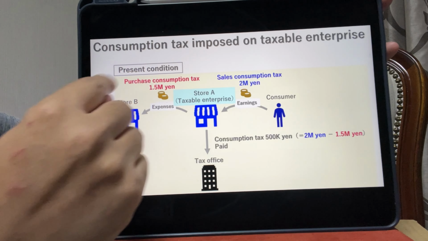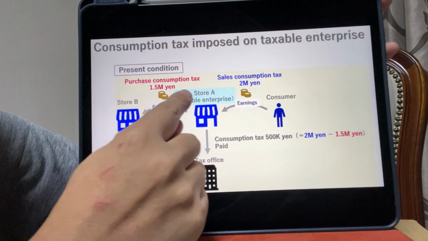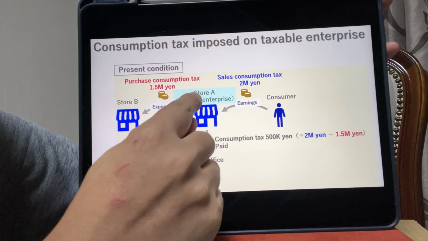Look at this picture. This shows the present condition of consumption tax. Store A is a taxable enterprise.